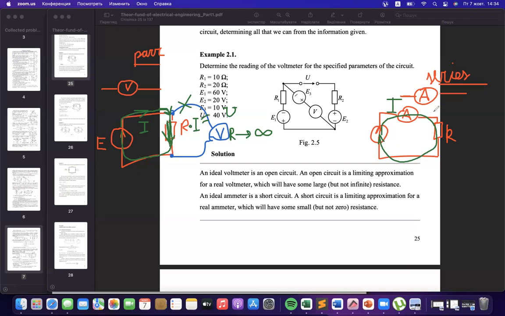That is why the resistivity of this amperemeter should be negligibly small, almost zero, not to change the value of current inside this circle. That is important for how we deal with it. If we have any voltmeter in the circle, we know that the resistivity of this measurement device is infinitely high. If we have an amperemeter inside this circle, the resistivity is infinitely small.